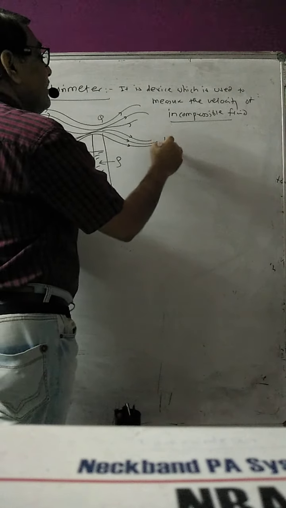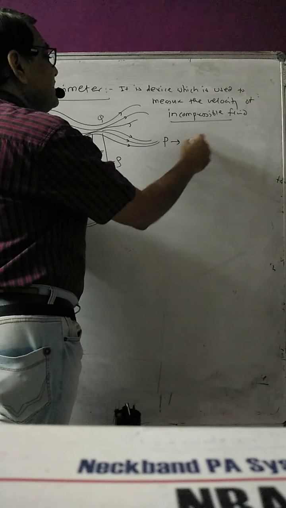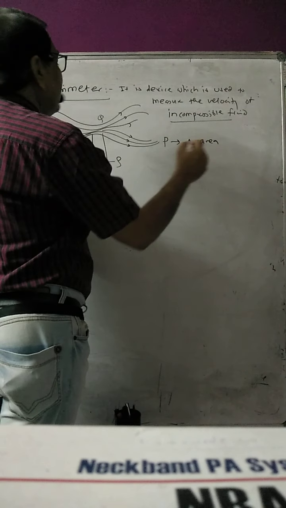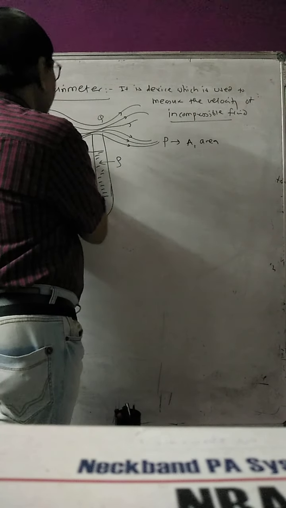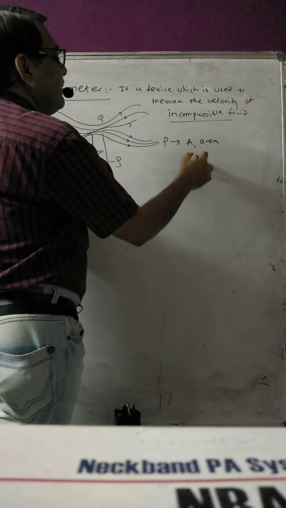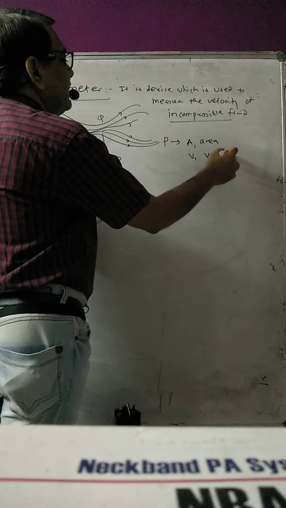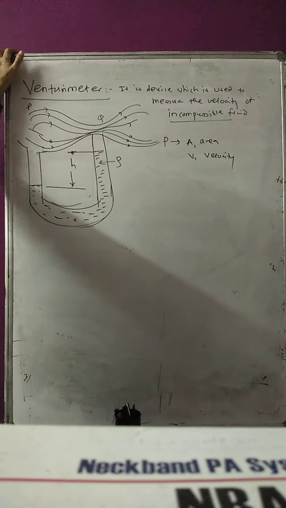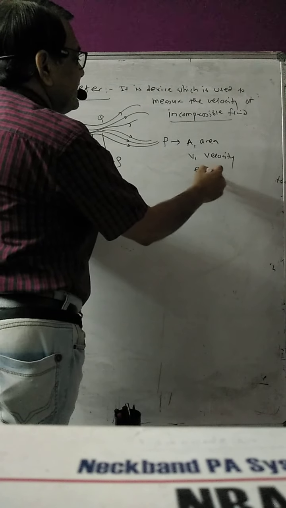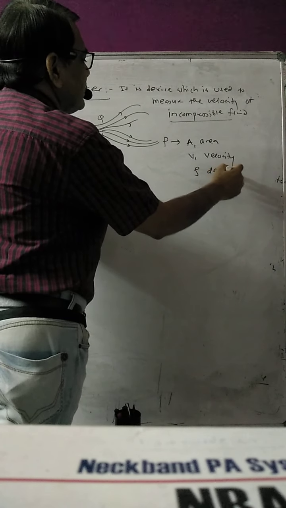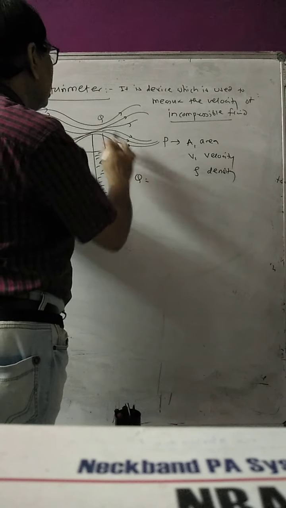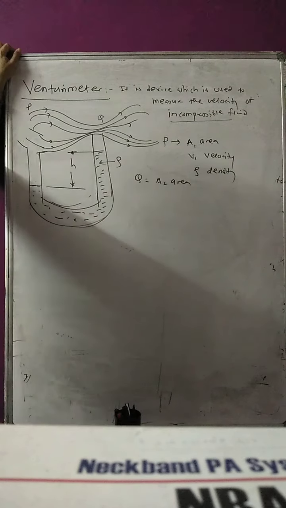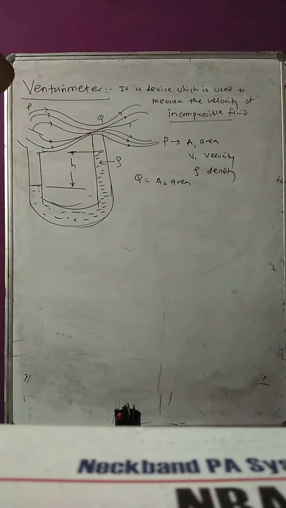Suppose this is the point P and this is the point Q. At point P, A1 is the area of the liquid, V1 is the velocity of the liquid at point P, and rho is the density, which will be constant. At point Q, note the area A2, the area of the fluid or liquid going through that pipe is A2.